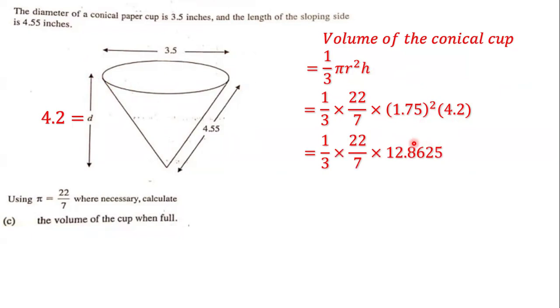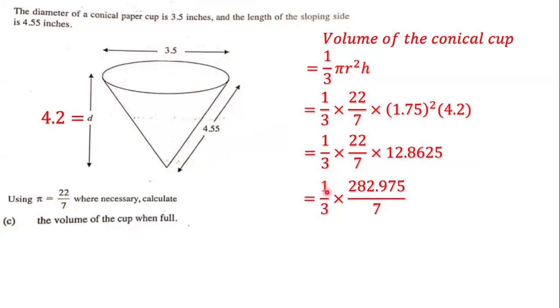Next, we multiplied 12.8625 by 22, and that gave us 282.975. And we put that over 7.